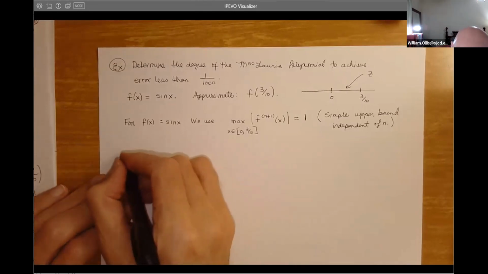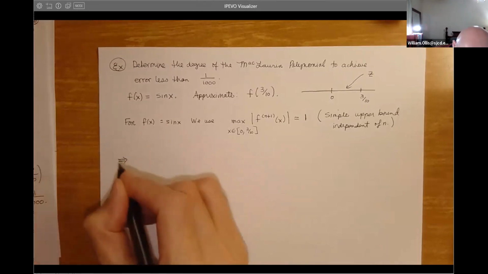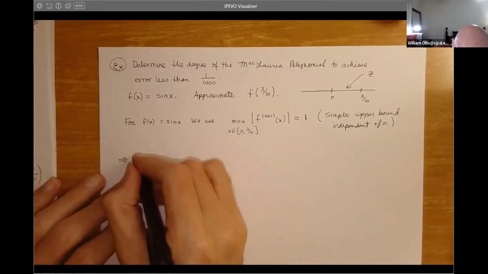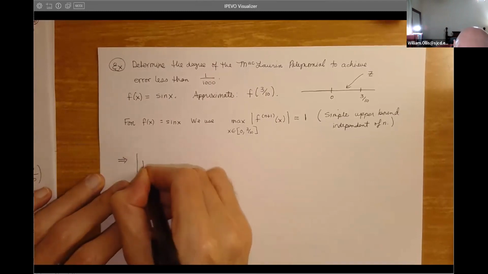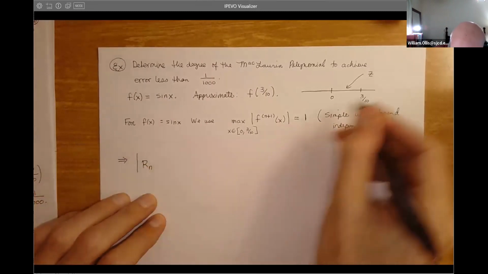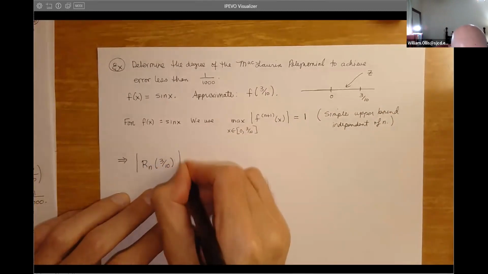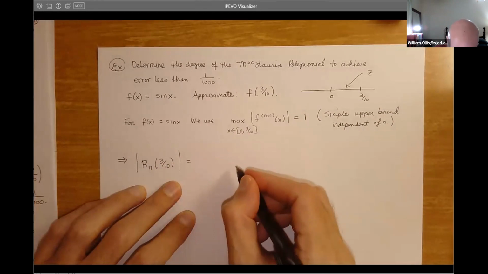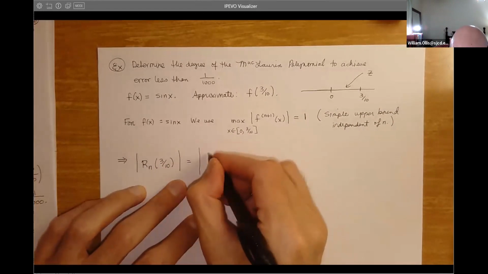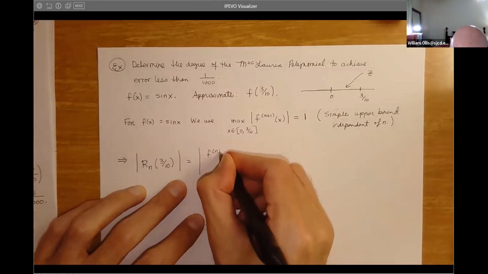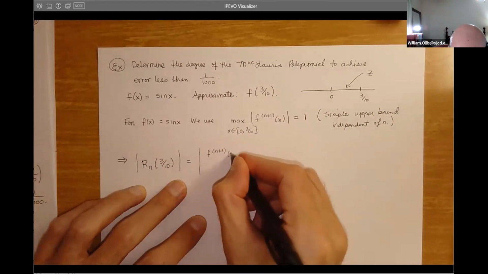So now this implies that in this particular case, we'll have the absolute value of the remainder, and of course we're using 3/10. And let's just go ahead and fill all of this in. So we have f n plus 1 evaluated at z.